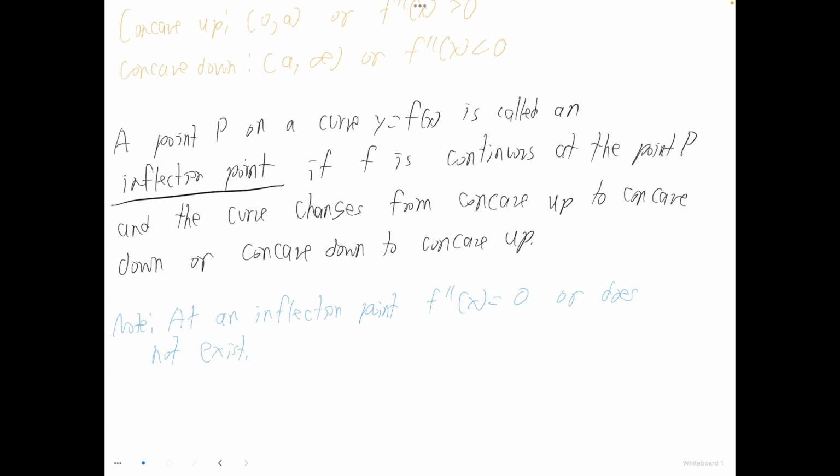This comes from the intermediate value theorem again. To change signs in the second derivative, you had to have crossed 0 if it was continuous, or it just might not have existed. So we check for inflection points by looking at the second derivative, seeing where it is 0, and doing much the same thing that we did before. The process is very similar to the process we went through earlier.